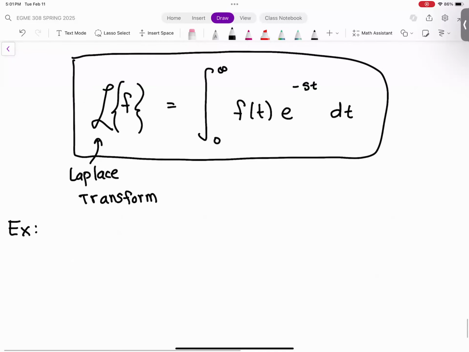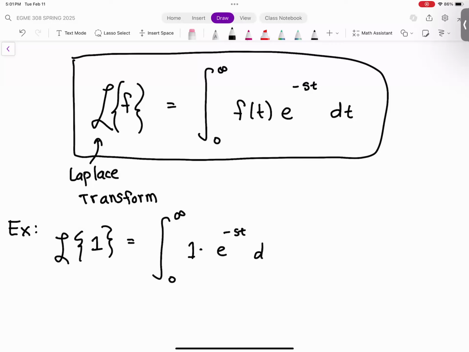All right, so let's do the simplest case first. So let's do a constant function. So let's take the Laplace transform of just one. Okay, so we have integral from 0 to infinity of 1 multiplied by e to the minus st dt.